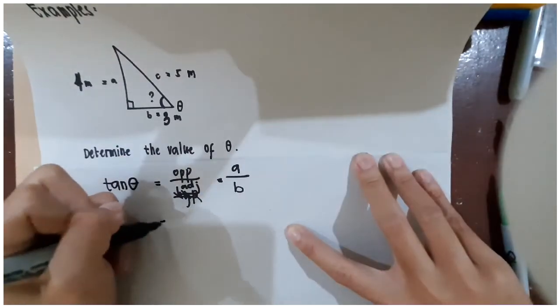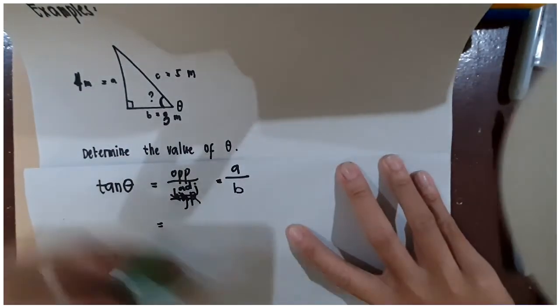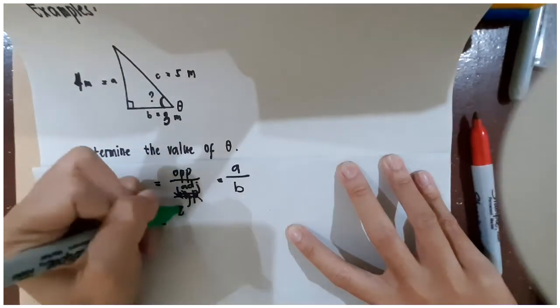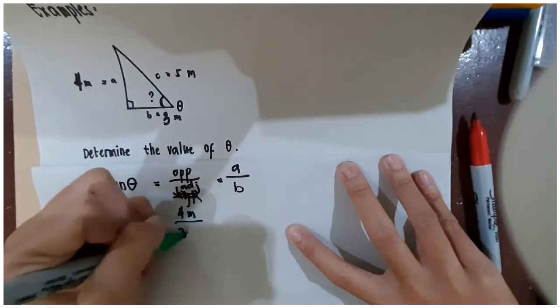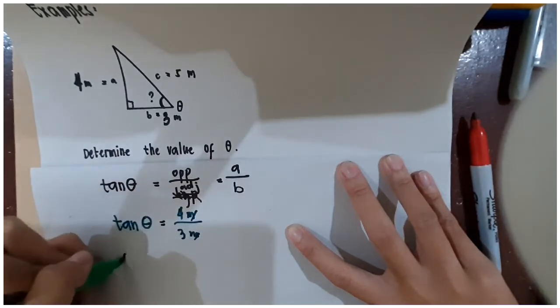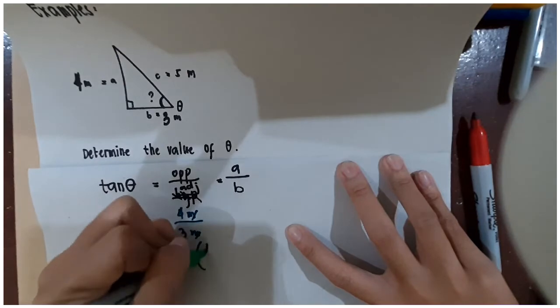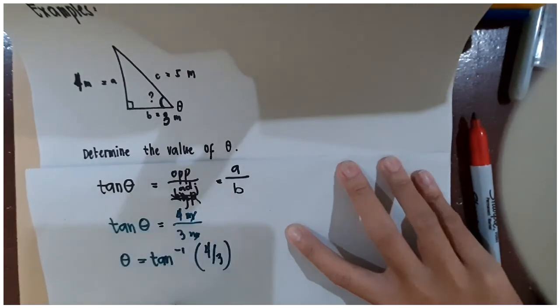Okay, and then your A is 4 over 3. So you can write it, theta is now tan inverse 4/3.